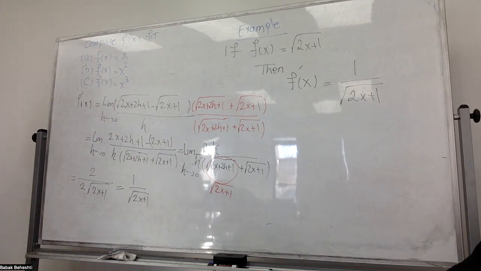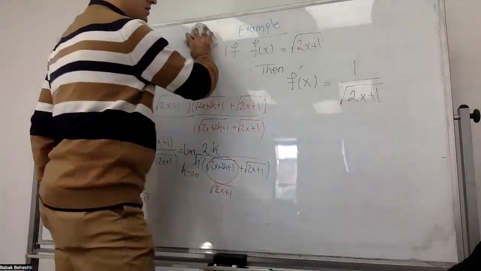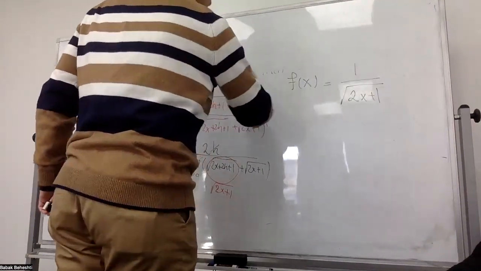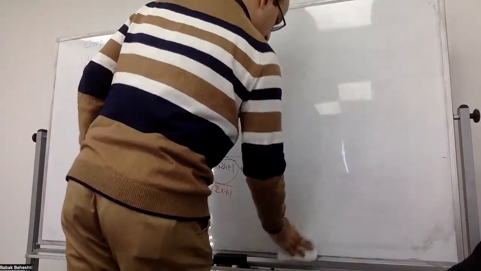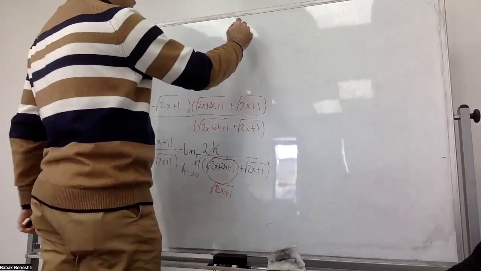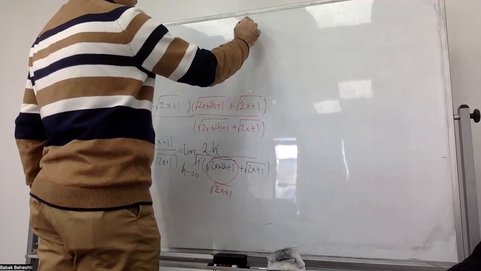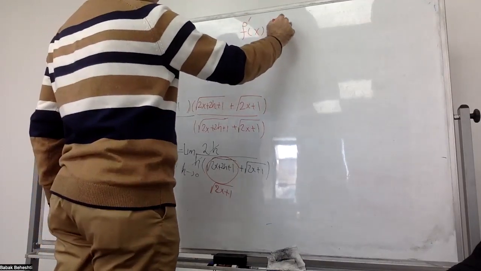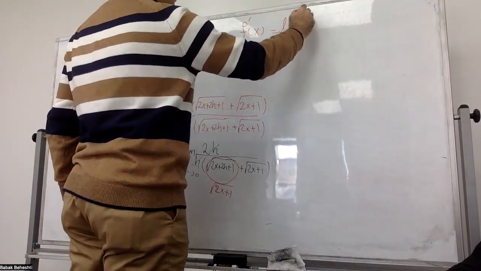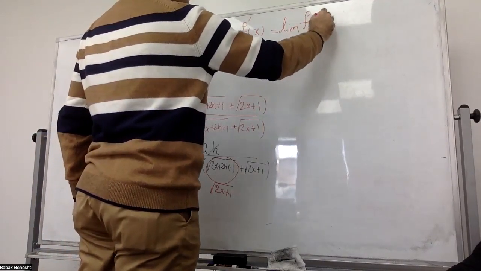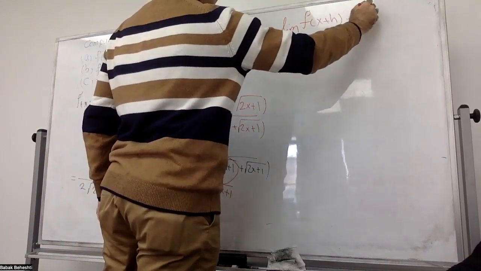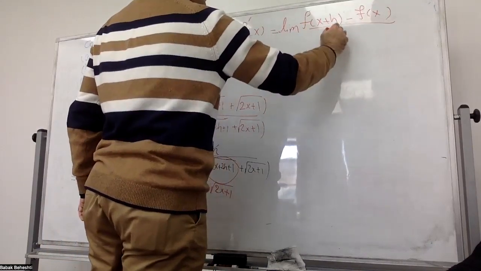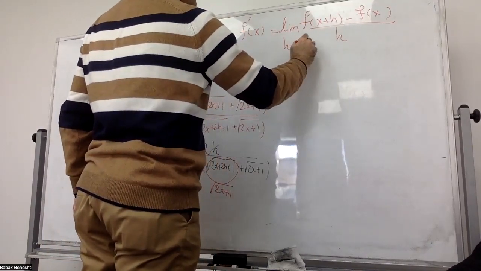And remember the formula for f prime of x in general. So I'm writing it here on the top. f prime of x for any function is the limit of f of x plus h minus f of x, divided by h, as h goes to 0.